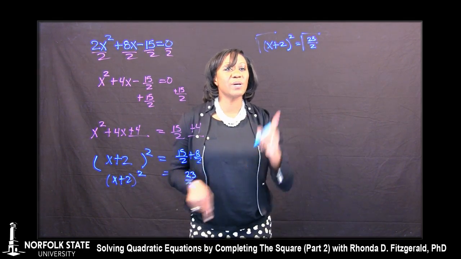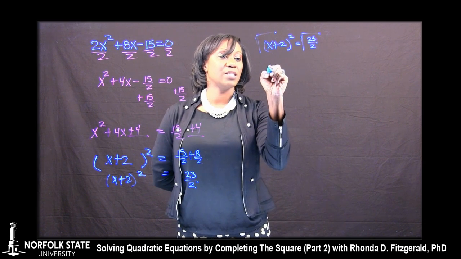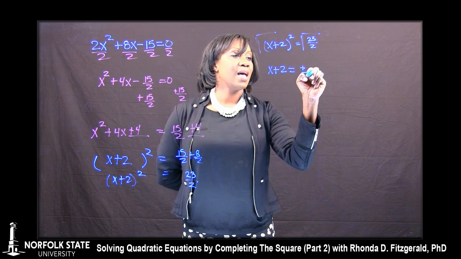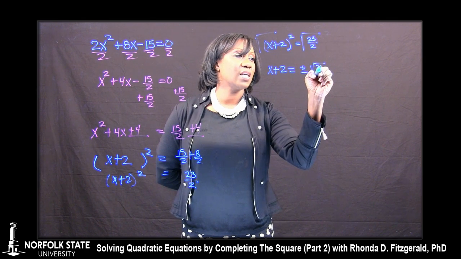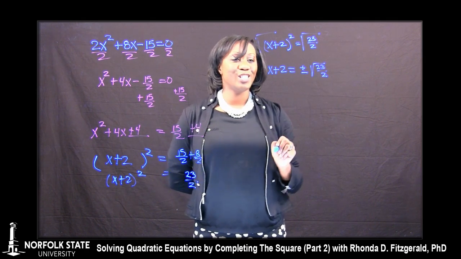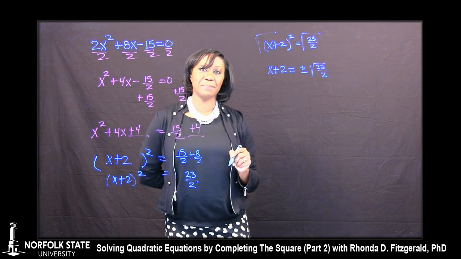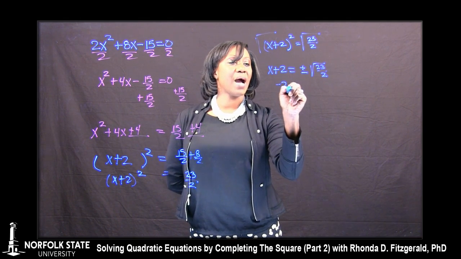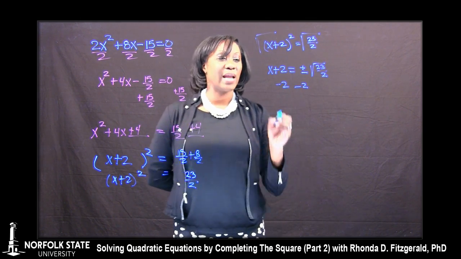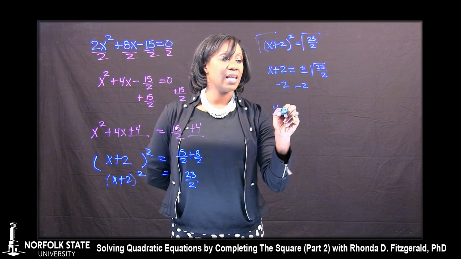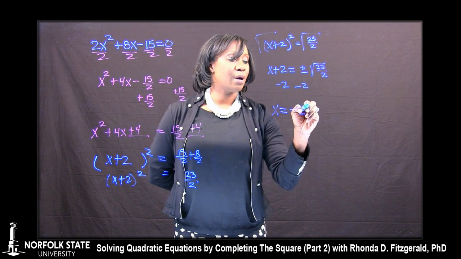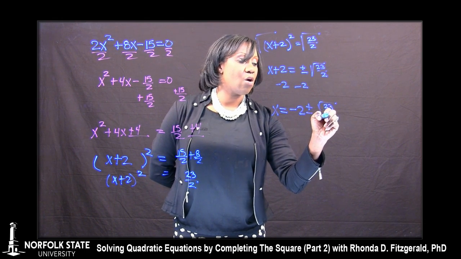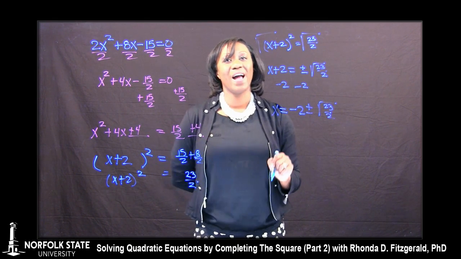When I take the square root of both sides, we have x plus 2 equals plus or minus the square root of 23 over 2. One last step to solve this. We subtract 2 from both sides of our equation, and our final answer becomes x equals negative 2 plus or minus the square root of 23 over 2. And that's our final answer.